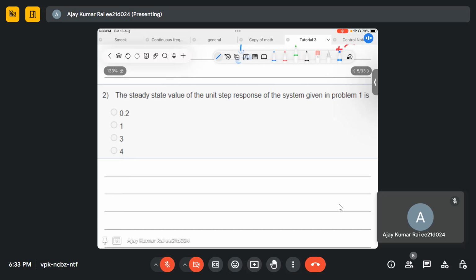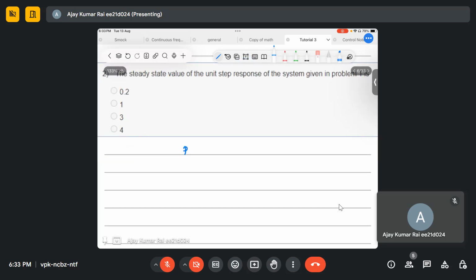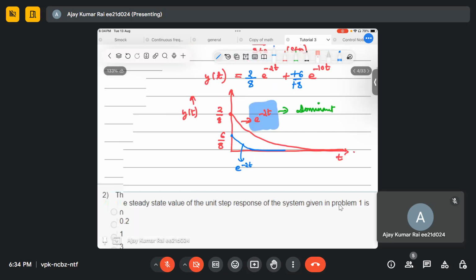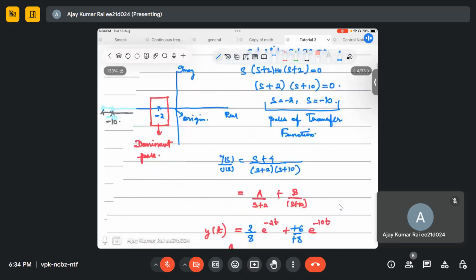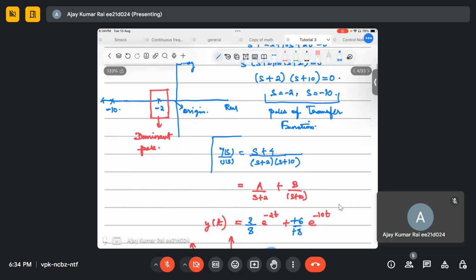The steady state value of the unit step response of the system given in problem one is what you have to find. Let me write the transfer function: P equals y of s by u of s equals (s plus 4) by (s plus 2)(s plus 10). This is the plant transfer function.